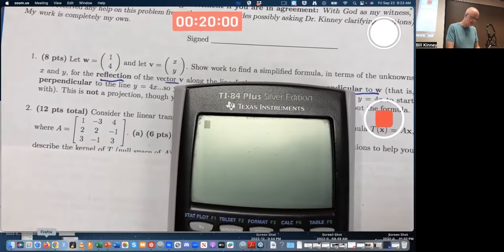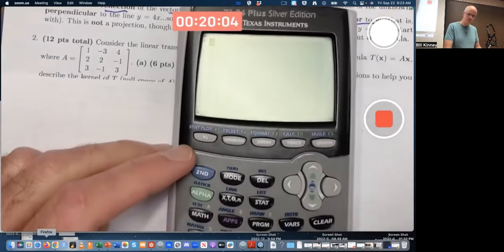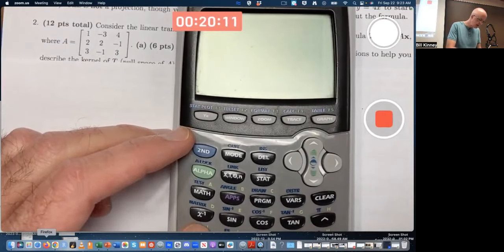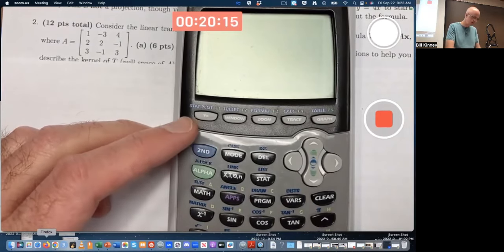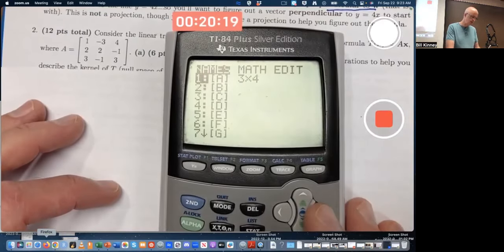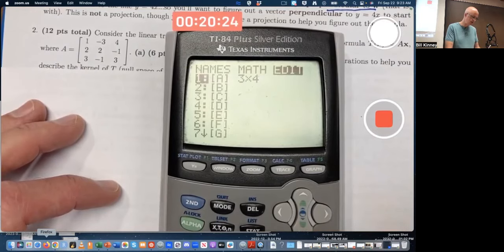So you want to be in the matrix menu. Matrix menu on a TI 84 at least is above the x to the -1 button. Second matrix. Go to the edit menu to actually do the editing.